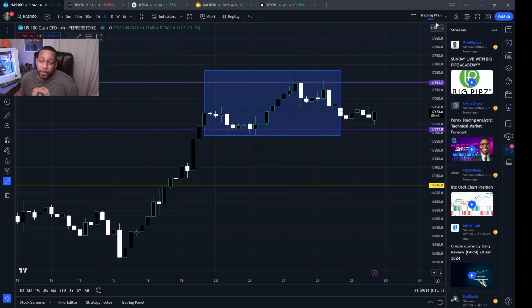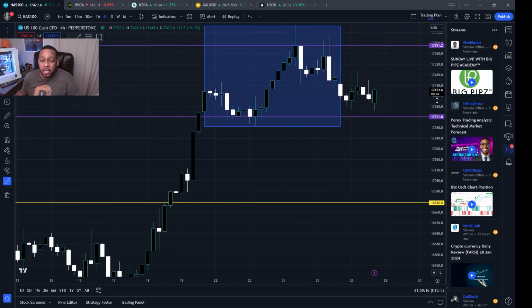So the plan right now is kind of wait and see, looking for a 4-hour close below 173.21 or above 175.91 to see if price is going to continue in that direction. Right now, price is moving within those two ranges, and there's money to be made in that area. I probably won't trade that because I like to look for certain patterns.